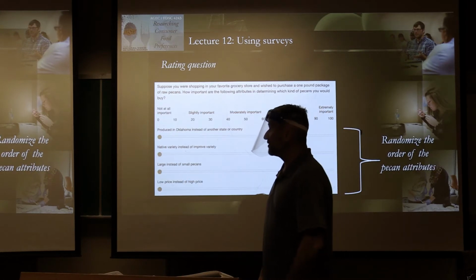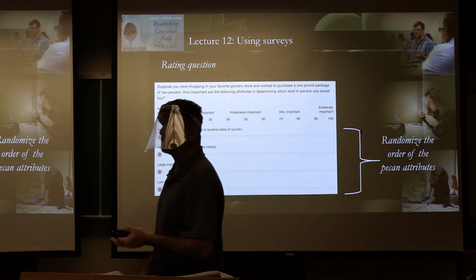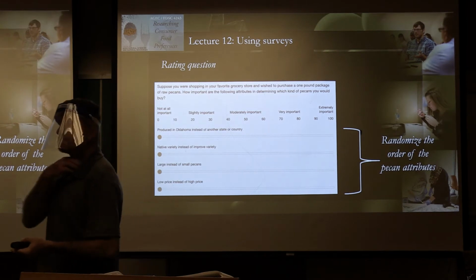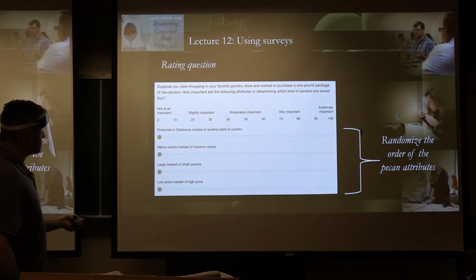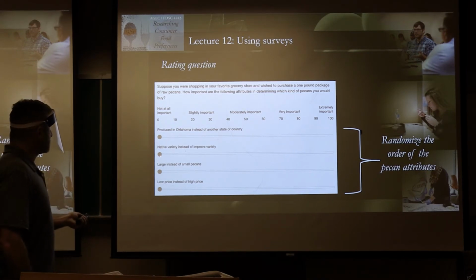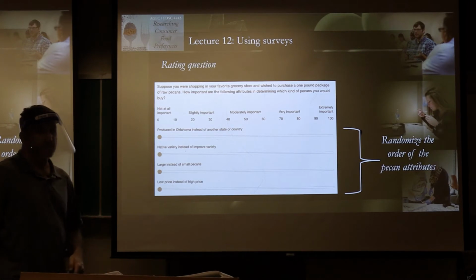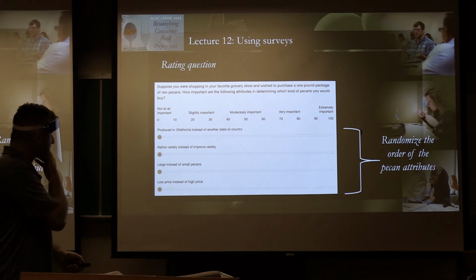And so you can make these questions simpler like this. So if what we really want to know is what attributes matter the most, let's just ask them directly. And so we give them these attributes: produced in Oklahoma instead of another state or country, native variety instead of improved variety, large instead of small pecans, low price instead of high price.